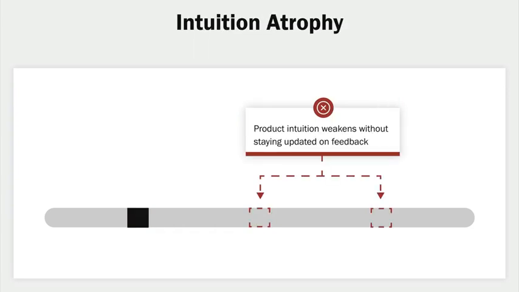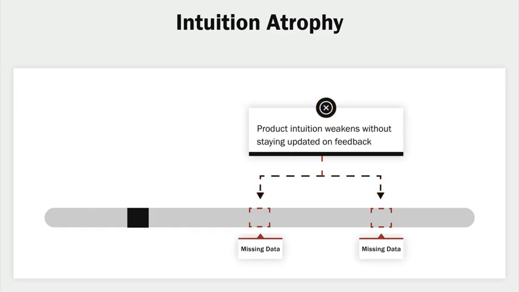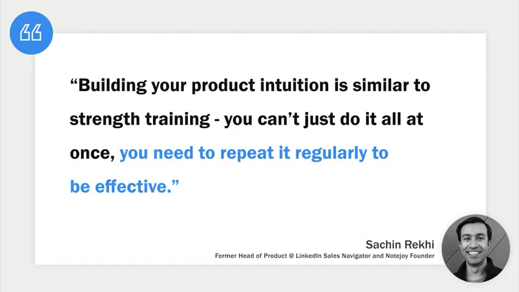Intuition atrophy is when your product intuition weakens because you haven't been keeping yourself updated on user feedback. This is because new user feedback provides data points to calibrate your product intuition against. Without these new data points, you risk having an outdated understanding of what users truly want.